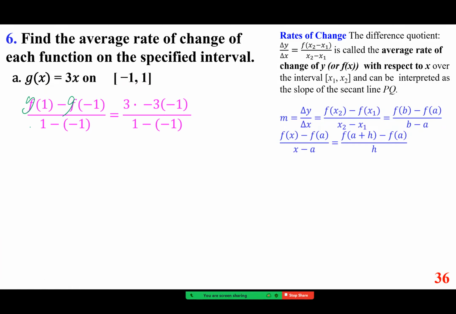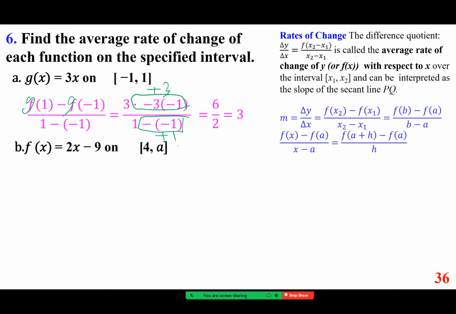And so when you evaluate that, so you have 3 plus 3 here, and you have 1 plus 1 here, and the answer is 3.